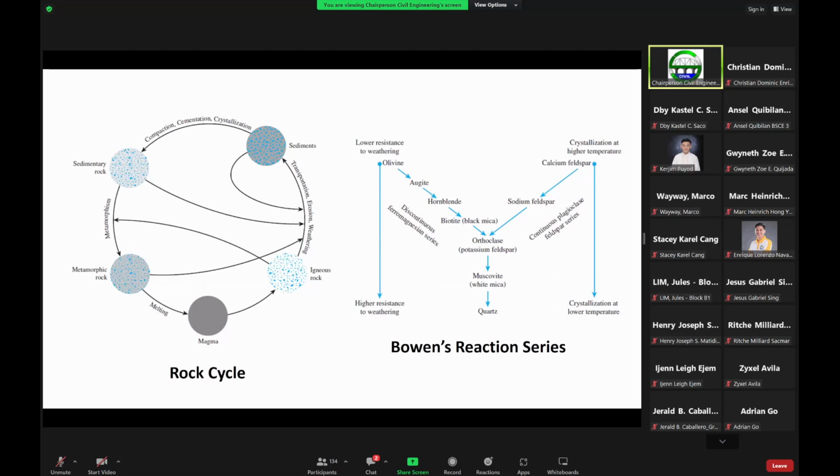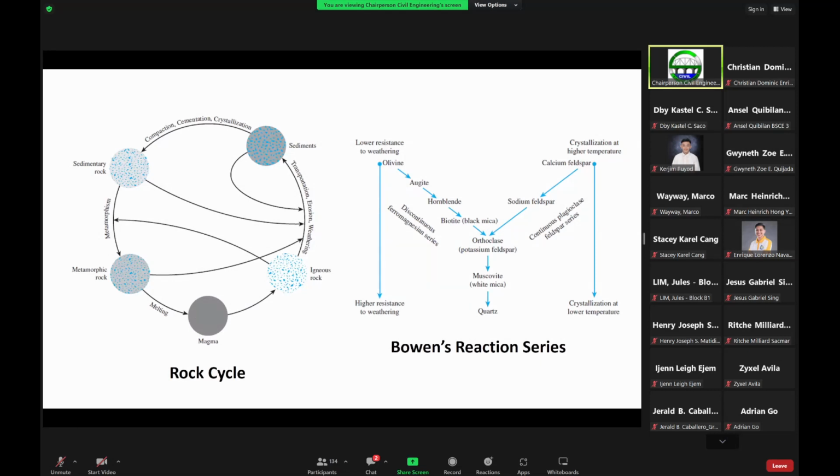Just a bit of this rock cycle. Here in the rock cycle, we can see the origin, which, if you can see my cursor, is the magma. It's coming from within the Earth's core.